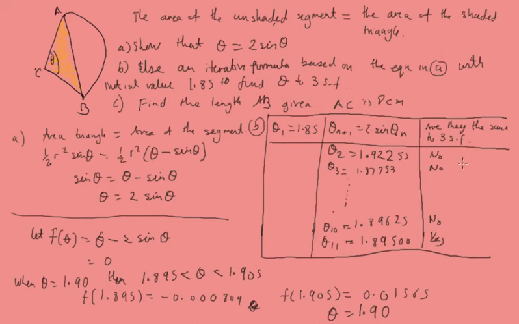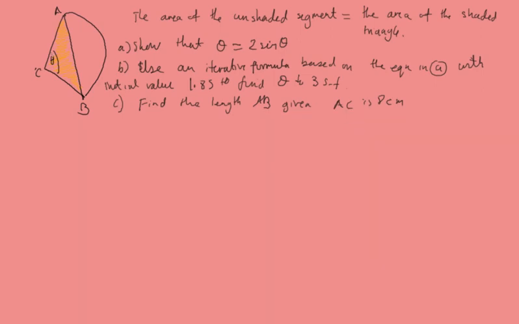So, last wee bit. Let's just get a new bit up. There's the third bit. Find the length AB. So let's look at this. We know that theta is 1.90, so half of theta would be 0.95. We know this is 8 centimeters, and now we have a right angled triangle.